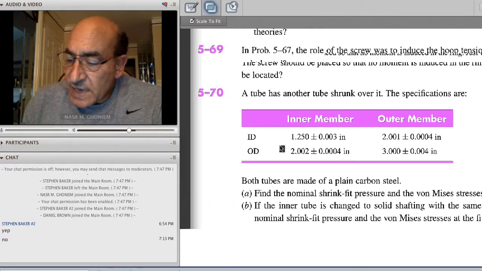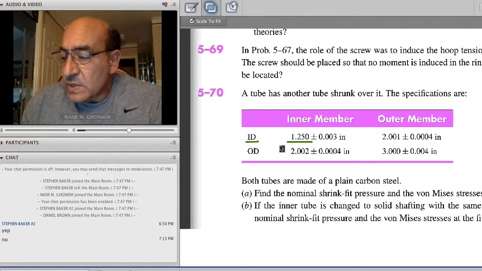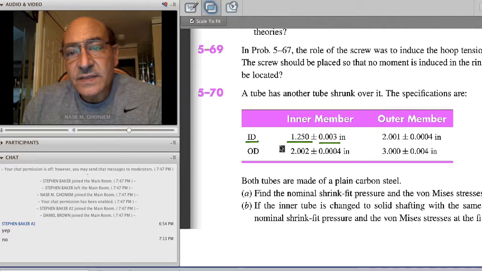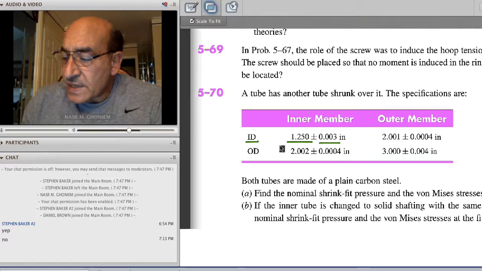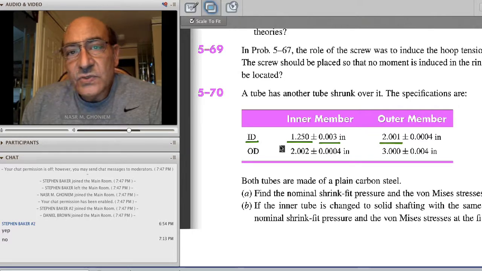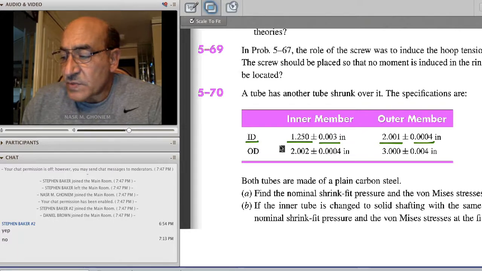The inner member has an ID of 1 1/4 plus or minus 3 mils. And the outer member has an ID of 2.001 plus or minus 0.4 mils. Very, very small.